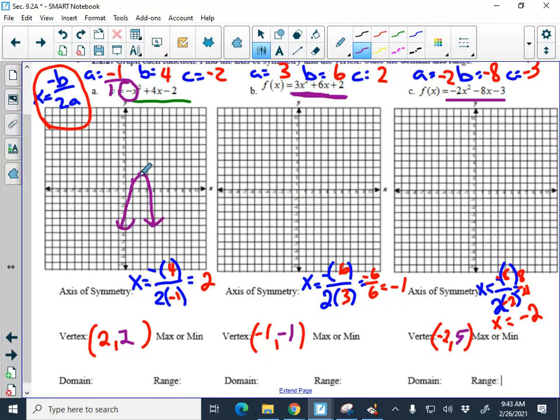Is it a high point, maximum, or a low point, minimum? Which one? It's the biggest. That's the highest it gets. That's the maximum. Make sense? Okay. Our domain is all reals, and our range hasn't changed. Y is less than or equal to whatever our Y value was, 2.